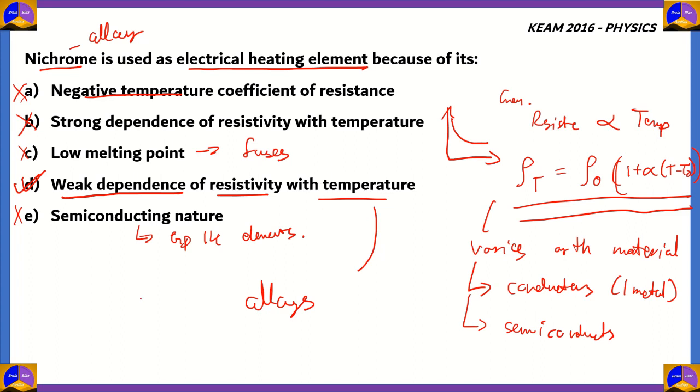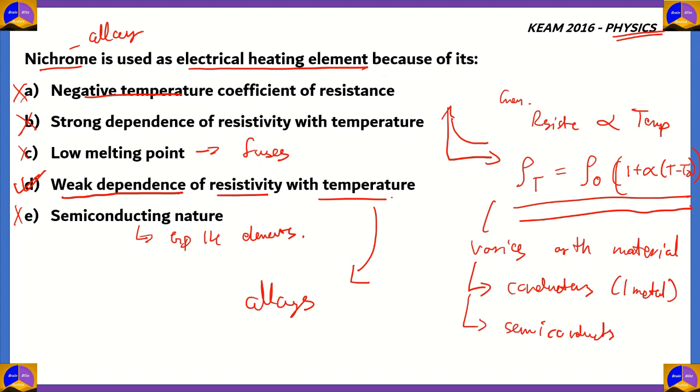So what this means is there is a nominal or minimal increase in resistivity even if you are increasing the temperature to very high levels. So therefore, option D is the correct answer for this question, because if you want to have an electrical heating element, then the material should have a weak dependence of resistivity with respect to temperature.